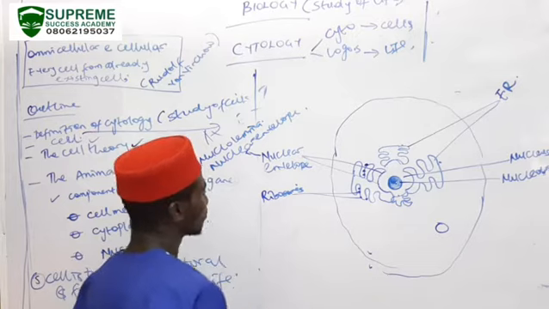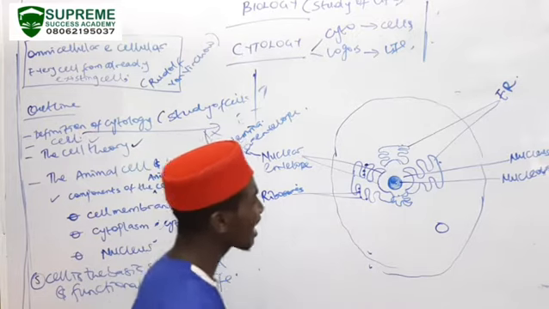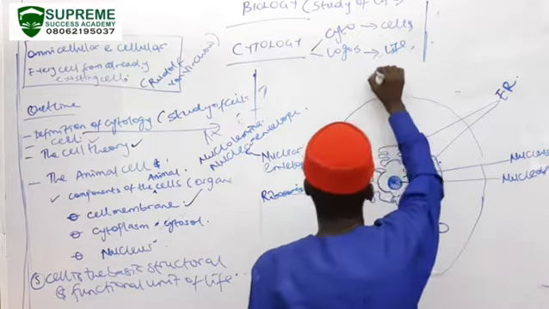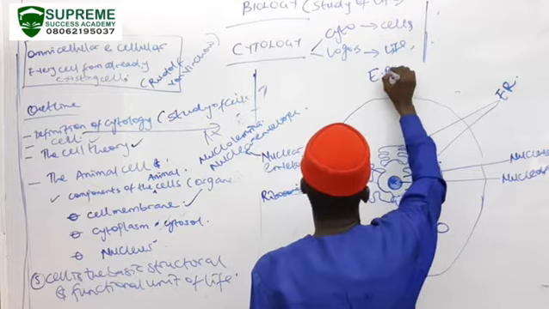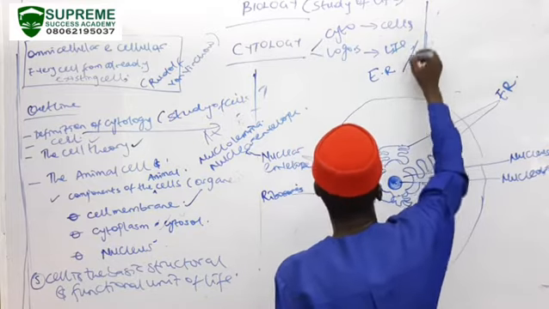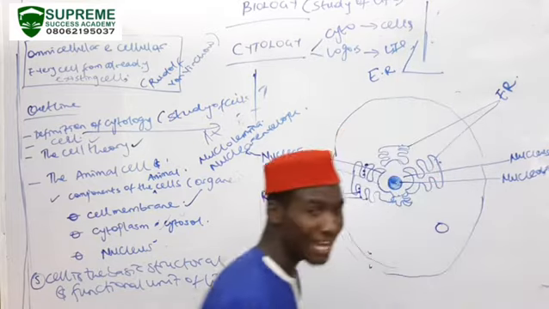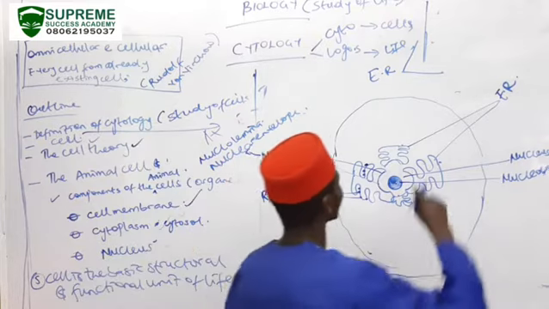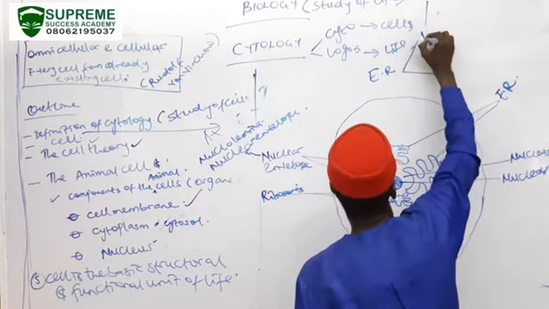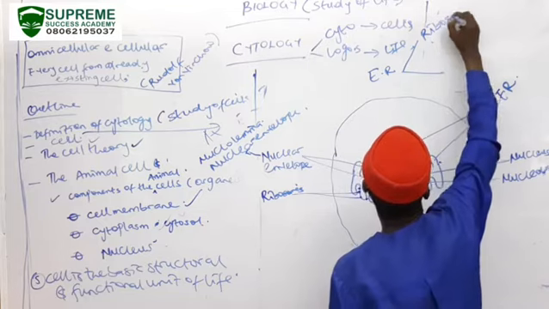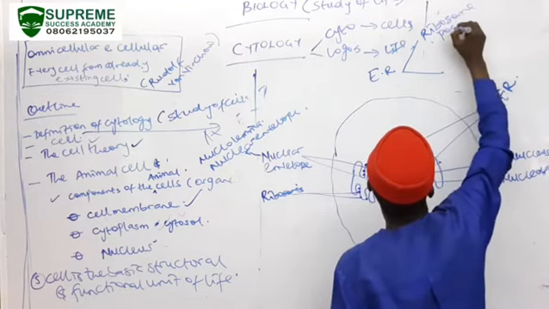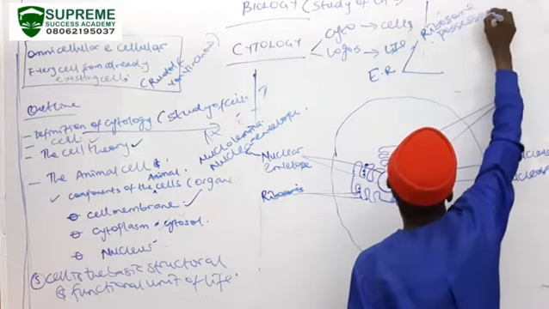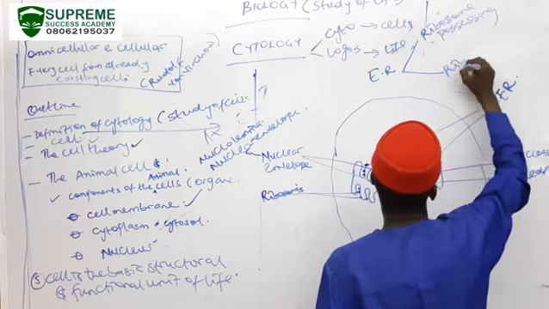And based on the possession of ribosomes, the endoplasmic reticulum is divided into two: ribosome possessing and ribosome lacking.